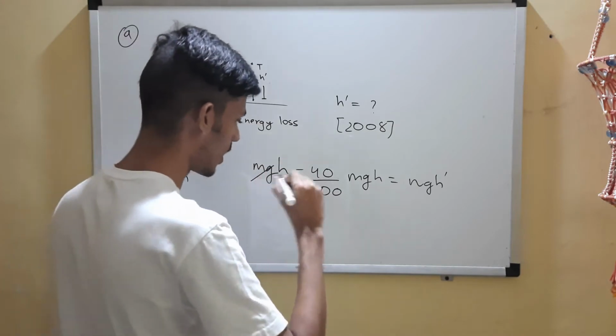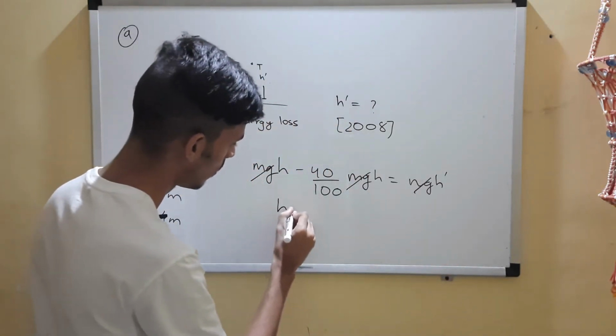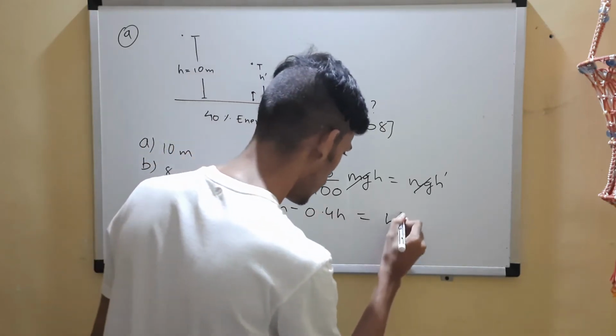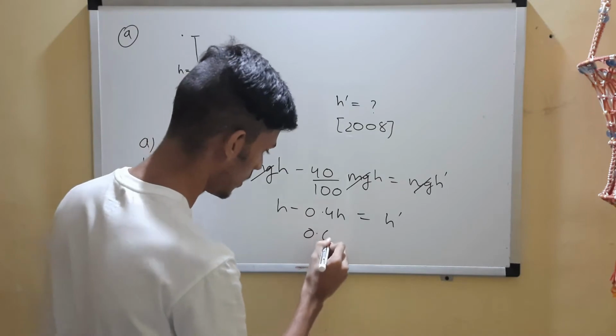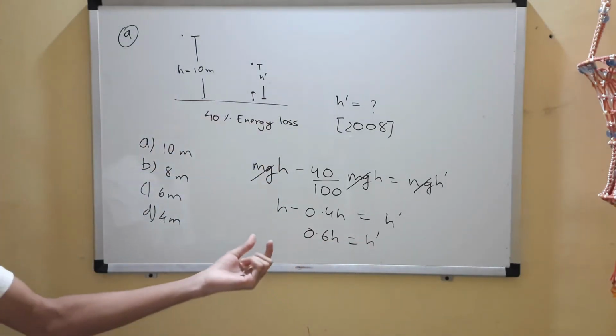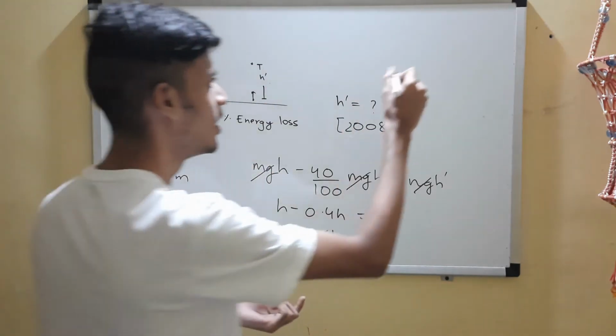So mg will get cancelled throughout. So you can see that h minus 0.4 into h will give you h dash. So 0.6 into h will be h dash. Or you could have also seen it this way, that it will rise up with 60% of the initial energy, right?